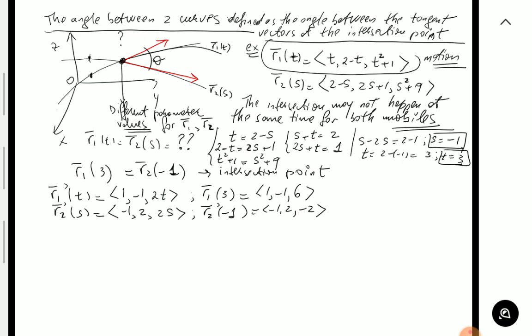Let's call it theta, using the cosine formula: R1 prime of 3 dot R2 prime of minus 1, over the magnitudes of these guys.